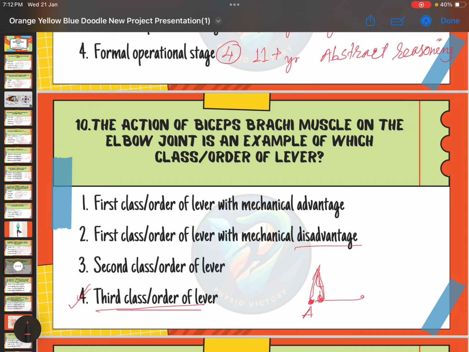Elbow joint works as fulcrum, hand and arm work as load, and biceps works as effort. So the effort arm is less than the load arm, so mechanical advantage is minus, that is third order lever or third class lever.